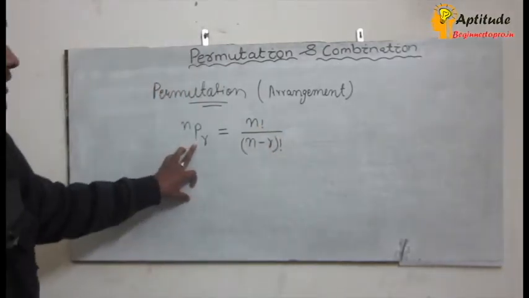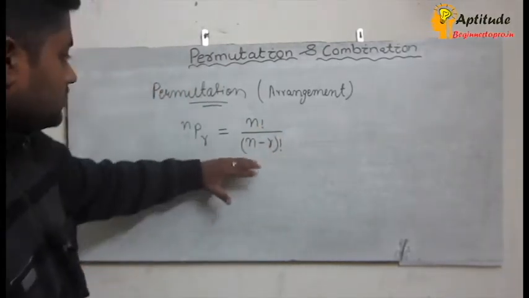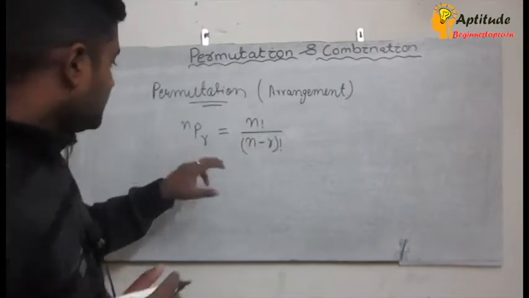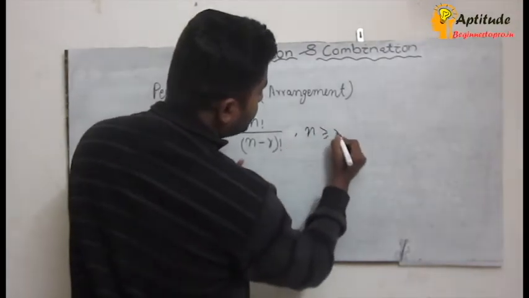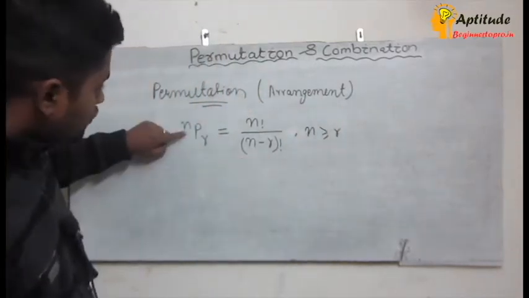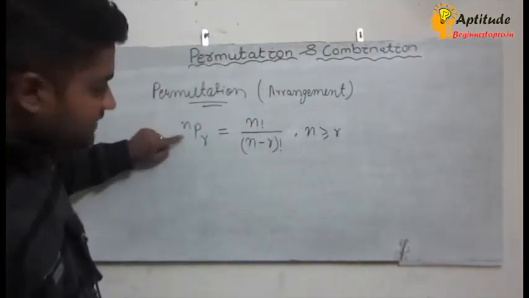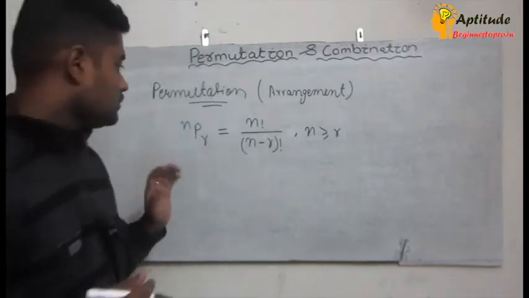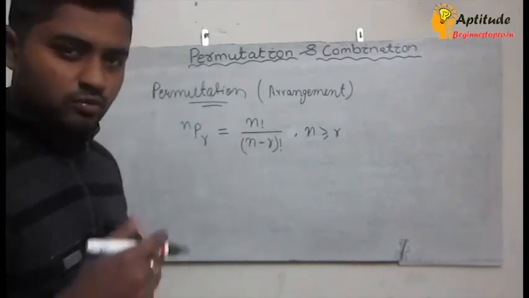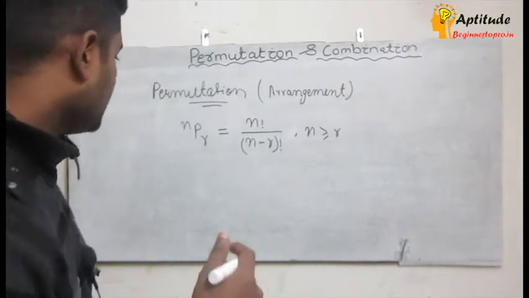One thing to remember is that n is always greater than or equal to r, meaning the value of n will always be greater than or equal to the value of r. We will see through some examples so it becomes clearer.